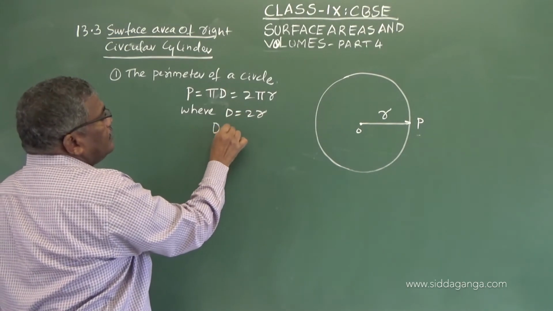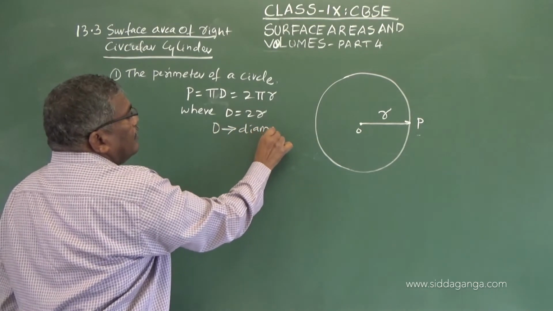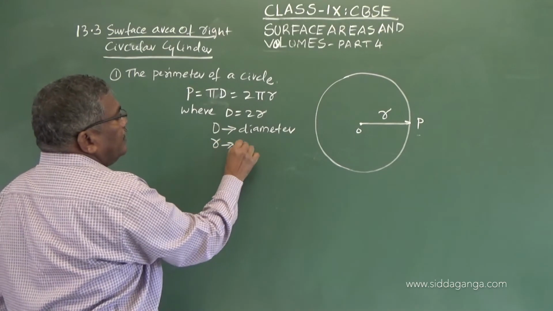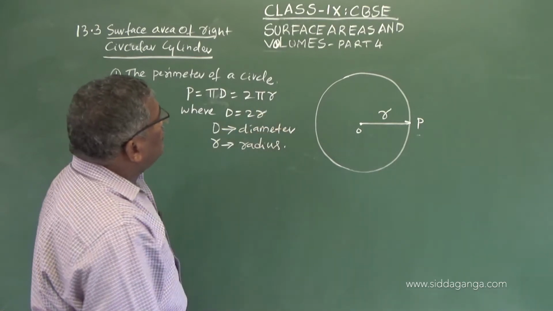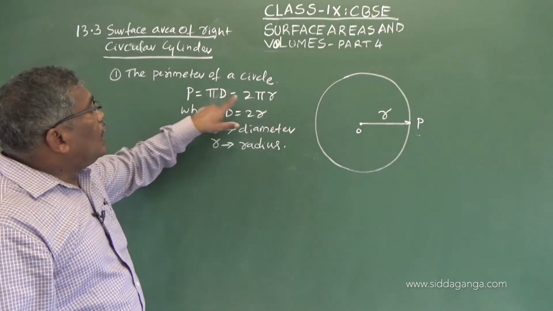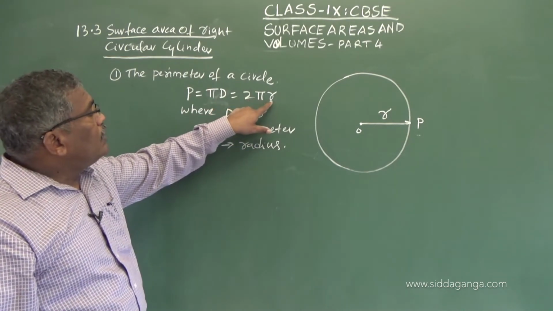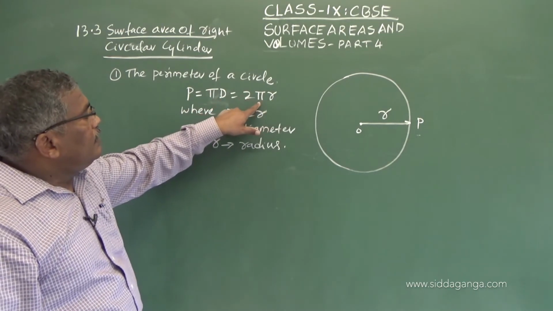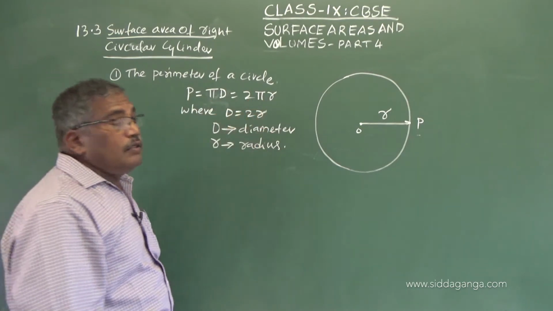So d means diameter, r means radius. So we can use either pi d or 2 pi r. Both are same, because 2r is d. So therefore perimeter is 2 pi r.